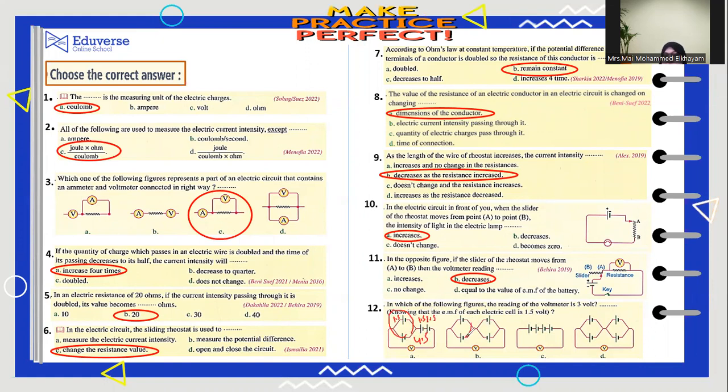Here, this is parallel, so I will take the reading of 1.5, and this is another one, 1.5. Here, all of them in series, so 1.5 multiplied by 4, this will be 6 volt. While here, again, 1.5 plus 1.5.